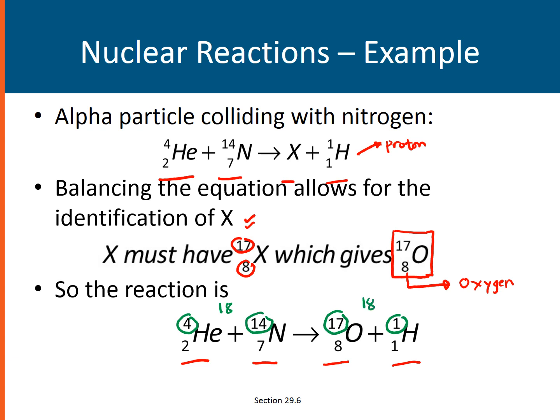And the atomic numbers on the left side of the equation should be equal to the atomic numbers on the right side, and in this case we have 9 on the left side and 9 on the right side. So this is a balanced nuclear reaction equation.